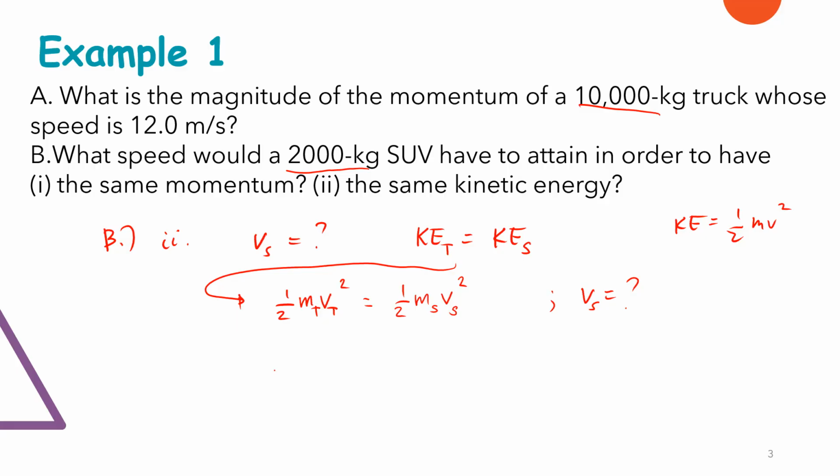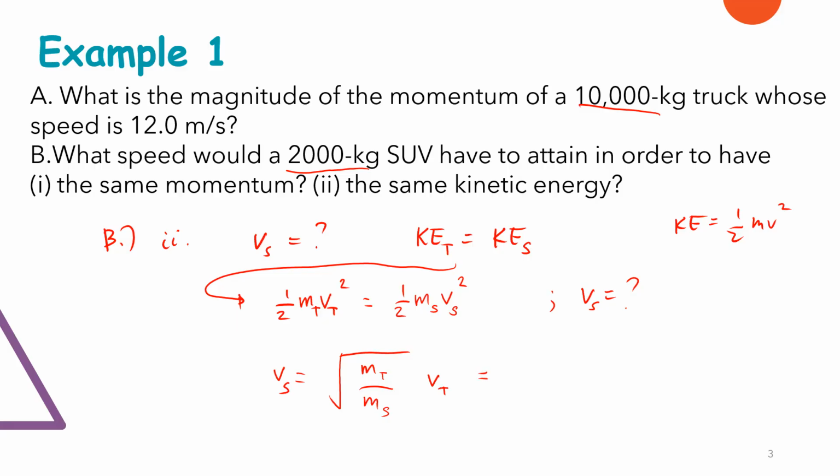Okay, Vs here is equal to the square root of the mass of the truck over the mass of the SUV times the speed of the truck.